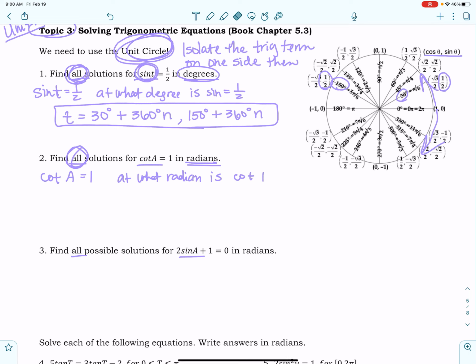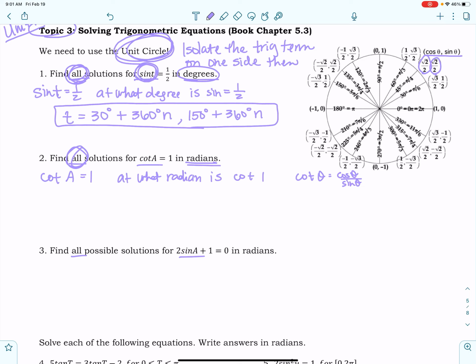If you'll recall, when we're talking about tangent and cotangent, remember, cotangent theta is equal to cosine theta over sine theta. So that means this value over this value, cosine over sine.